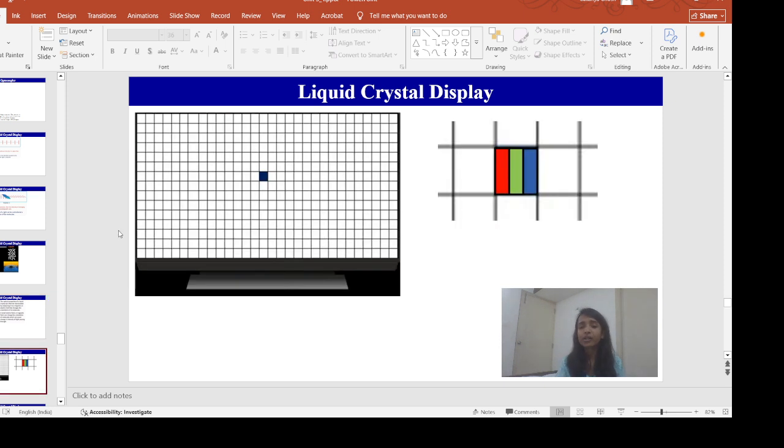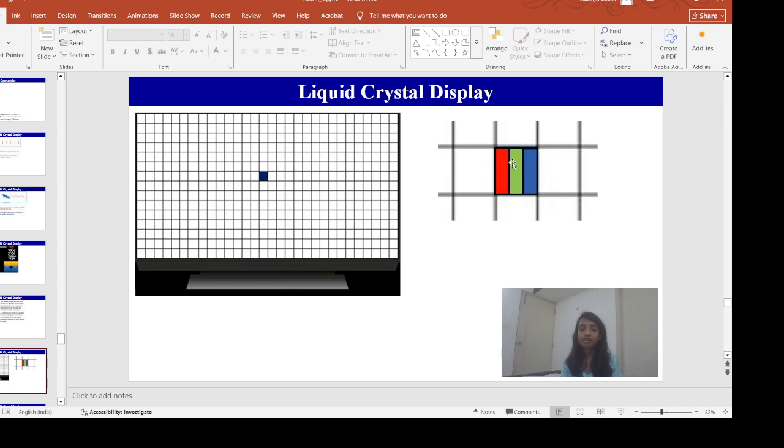What I mean is, in the liquid crystal display, the entire display is made up of many small square boxes, along the x axis and y axis. Each of these small boxes is called a pixel, and if we zoom into this small box, it is not blue, it consists of three different colors.